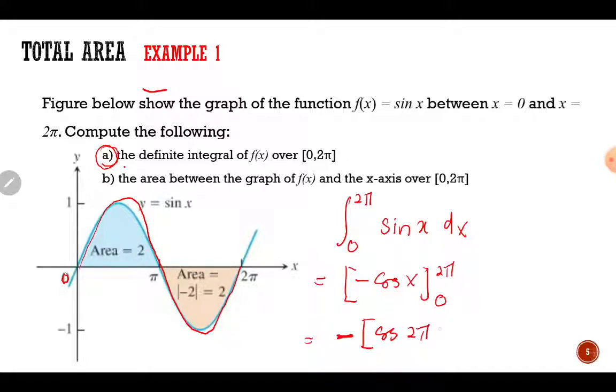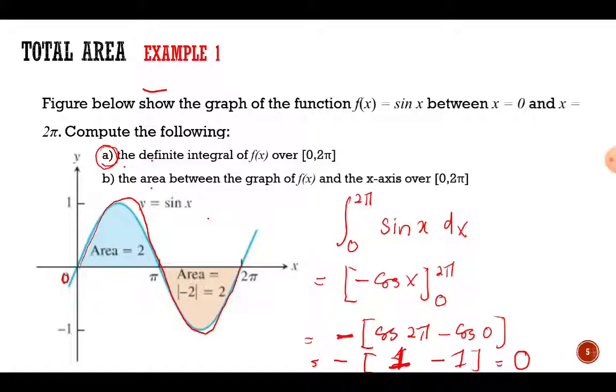So negative cos 2 pi, if you don't believe me, press the calculator. Cos 2 pi is 1. Cos 0 is also 1. So if you consider the integral like this, you will get the area for sin x equals 0.